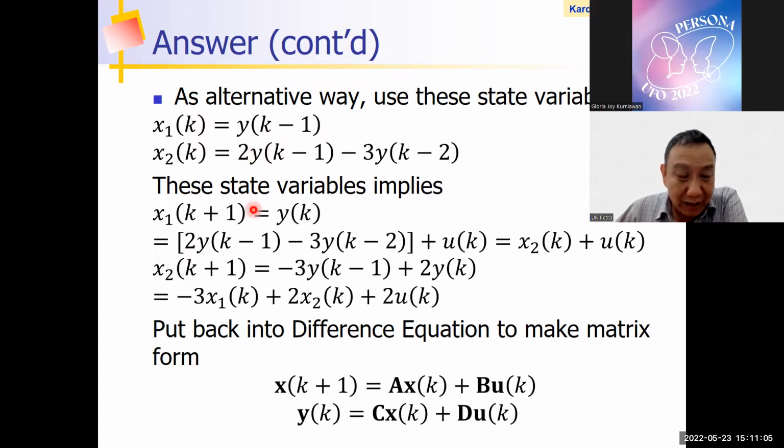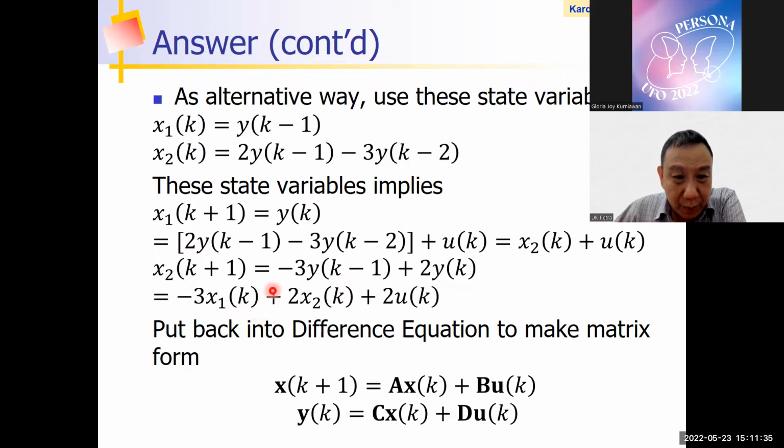So with that, you get x1 k plus 1 equals yk, from here. So that is equal to x2 times u. And then if you put plus 1 in here, what will happen?